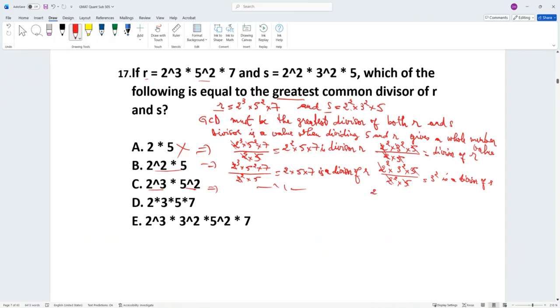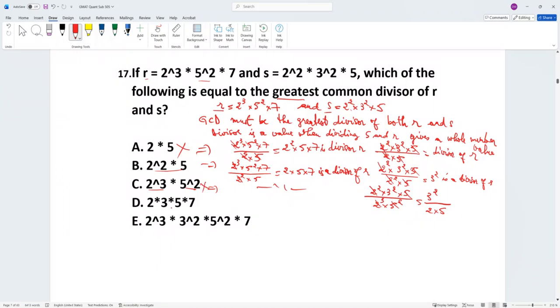So we will say 2 to the power 3, 2 times 5 over 2 to the power 3 times 5 to the power 2. So now we see this will not be a divisor. It's going to give us 2 times here. So this basically is a decimal number if we try to continue this calculation. So this is also out.